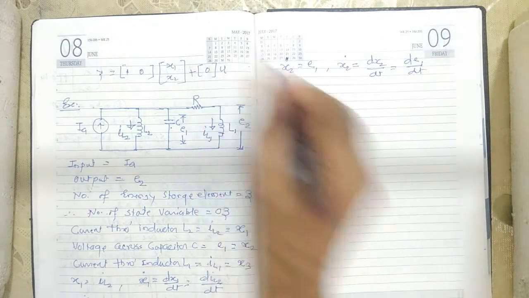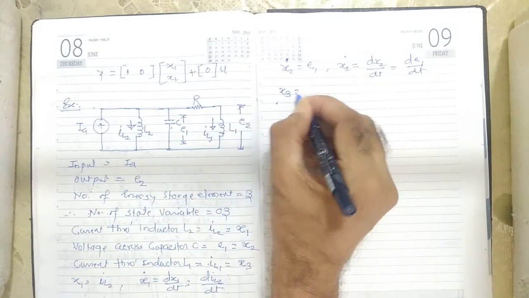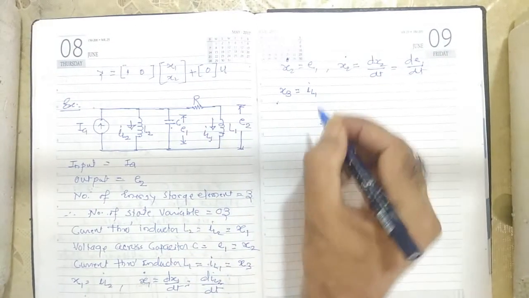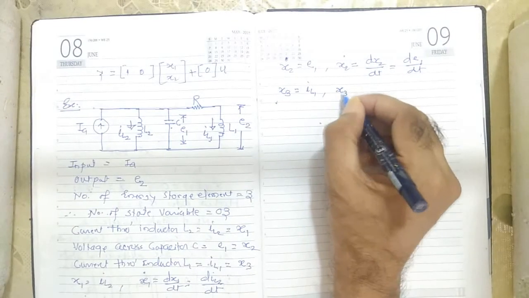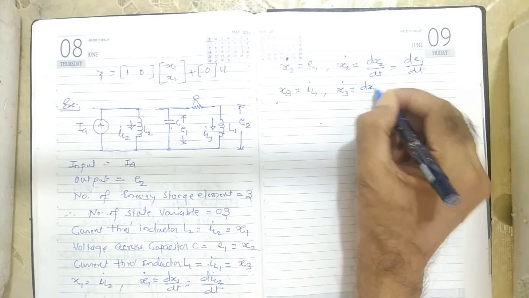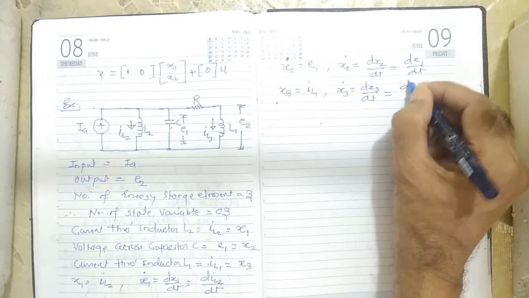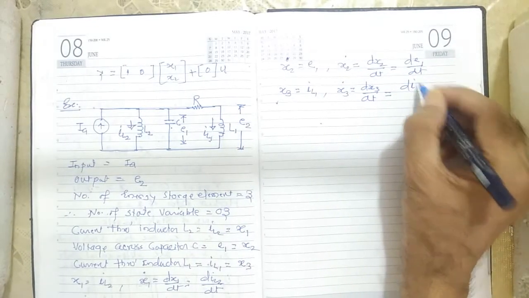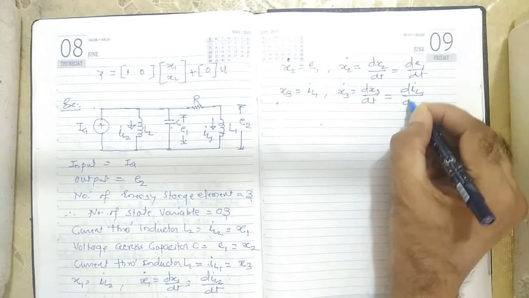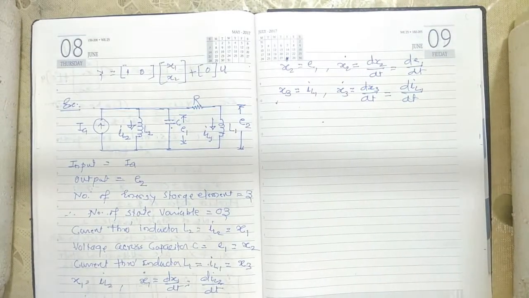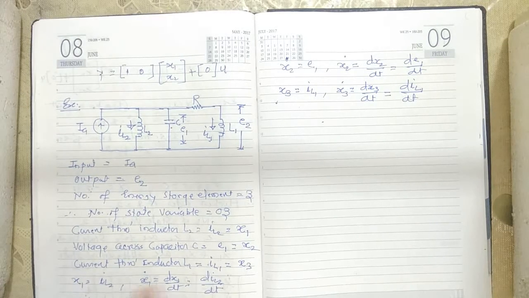And we know x3 is equal to IL1, so x3 dot is dx3 by dt, nothing but dIL1 by dt. So we have the three differential state variables, x1 dot, x2 dot and x3 dot, and three state variables, x1, x2 and x3.